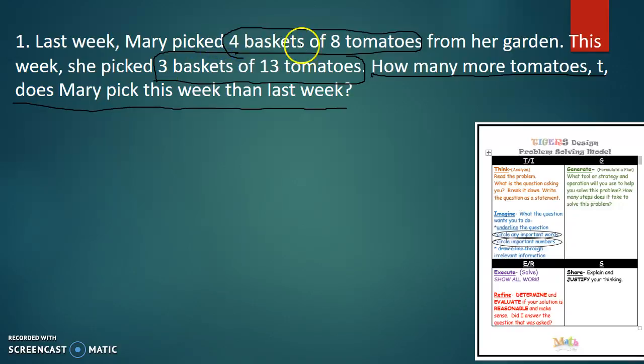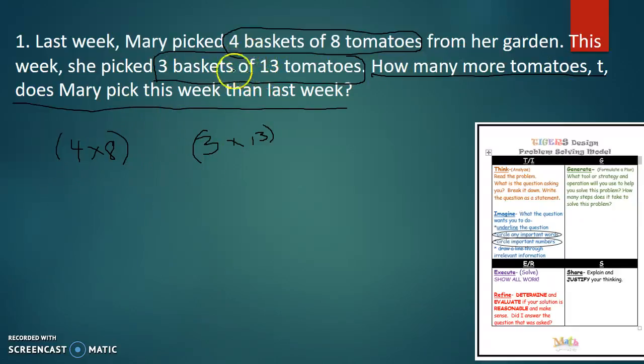So I know in my problem, there are 4 baskets with 8 in them. I have to multiply 4 times 8. Then I know that there are 3 baskets with 13 in them. So I have to do 3 times 13. To set my problem up, because it says, how many more tomatoes does Mary pick this week than last week?